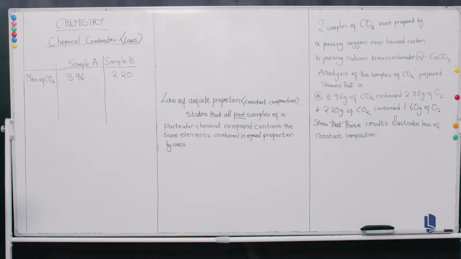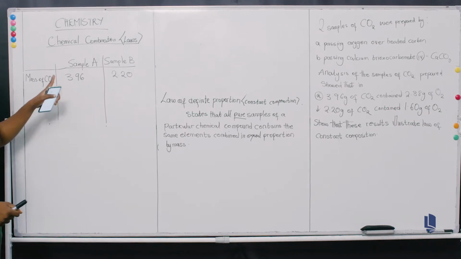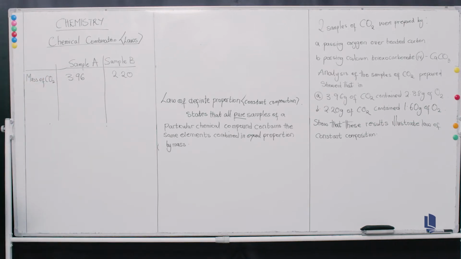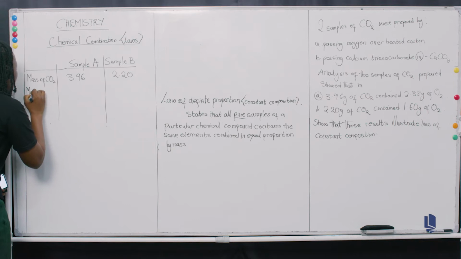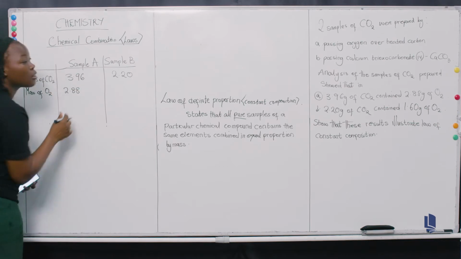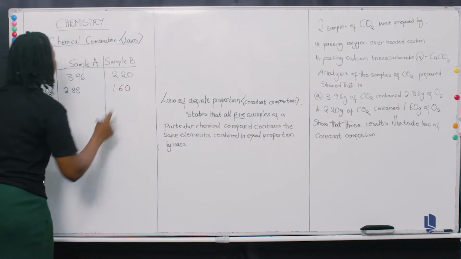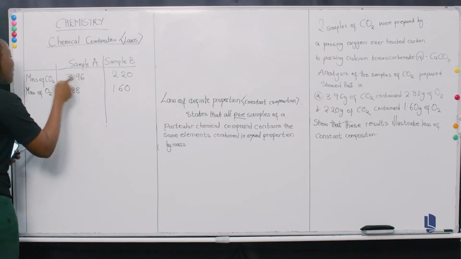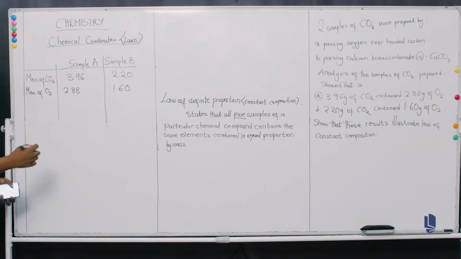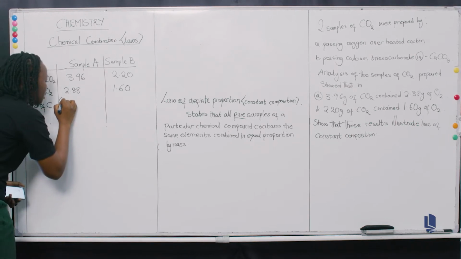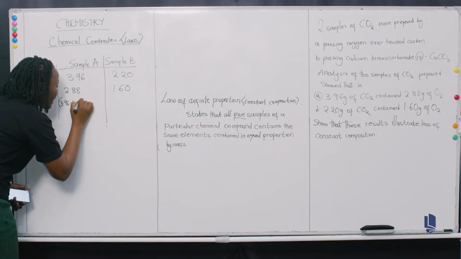To the solution, sample A, sample B, mass of CO2. From there we can see that sample A contained 3.96, sample B 2.20. We are also told the mass of O2, that's oxygen. Mass of O2, sample A 2.88, sample B 1.60. From here we can calculate our mass of carbon. We'll simply say mass of CO2 minus mass of O2. So mass of carbon, that's C, it would be 3.96 minus 2.88.